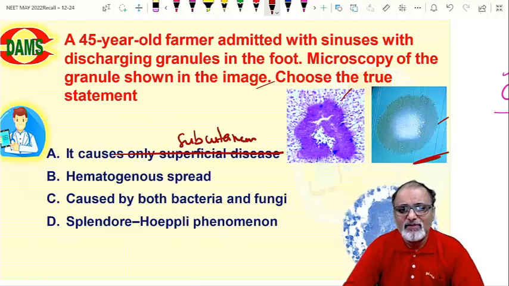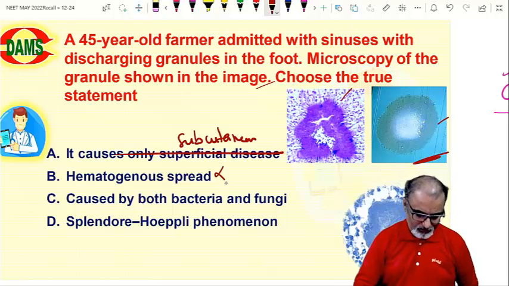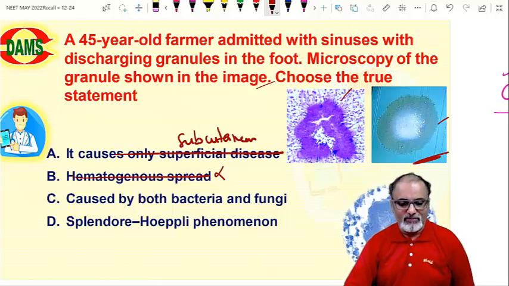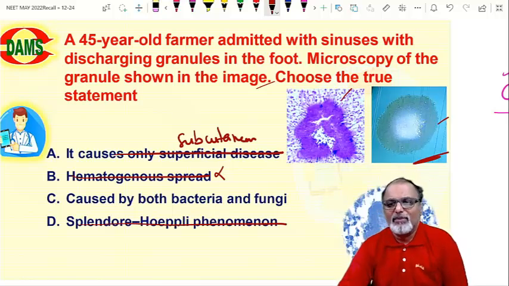Mode of infection is local inoculation, not hematogenous. The Splendore-Hoeppli phenomenon, the eosinophilic material, is seen in other conditions like sporotrichosis, very well notorious.